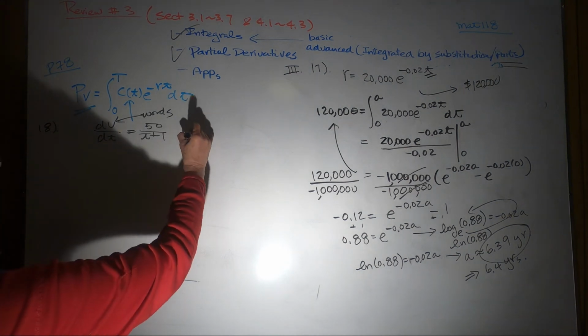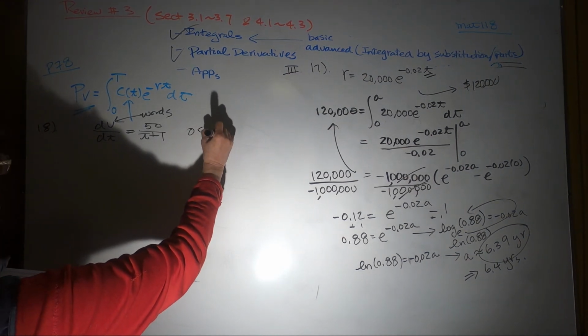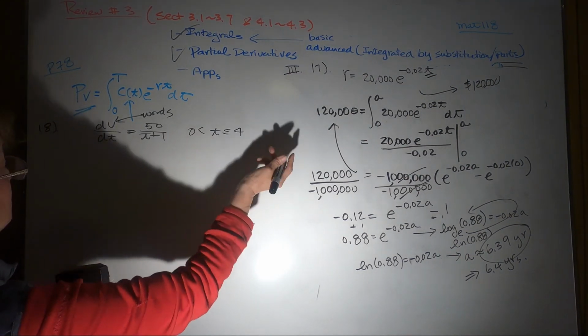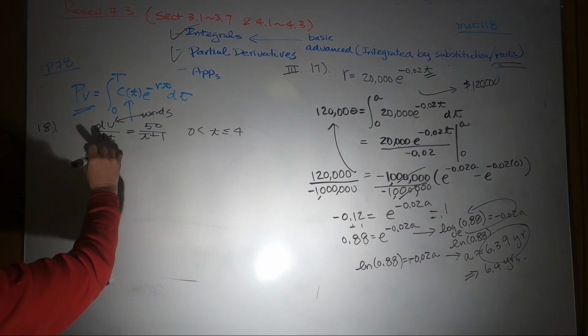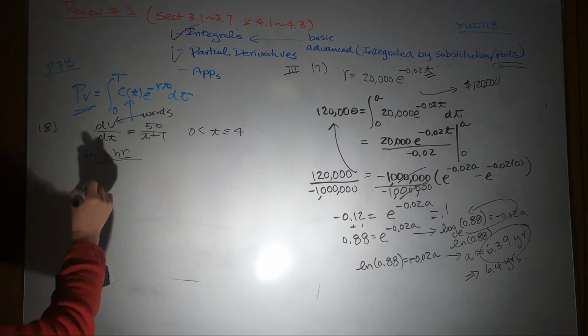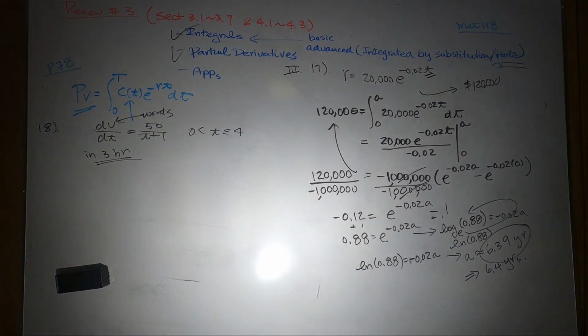And they study between 0 hours, more than 0 hours, up to 4 hours. So that's how many words they can remember. And how many words will the average student memorize in 3 hours? We wonder in 3 hours, on average, how would they find it?